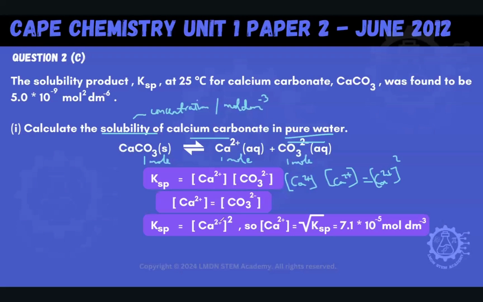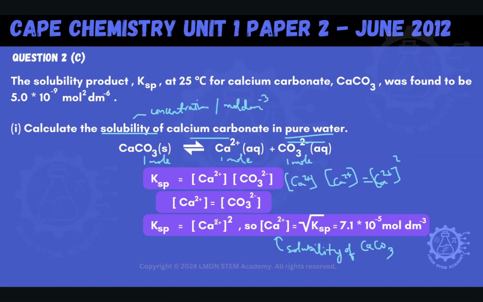Then if I want to find the concentration of the calcium ions, which is effectively the solubility of calcium carbonate, let's just jot that down real quick. My concentration of Ca2+ ions is effectively my solubility of calcium carbonate, because whatever that number is, is determined by how soluble the calcium carbonate is. So to isolate the Ca2+ ions, I'm going to square root the KSP.